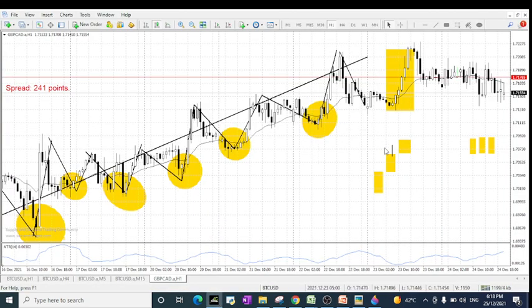So guys, remember when you get something like this candle, if you get moves like this, what do you think this type of formation looks like on a lower time frame?